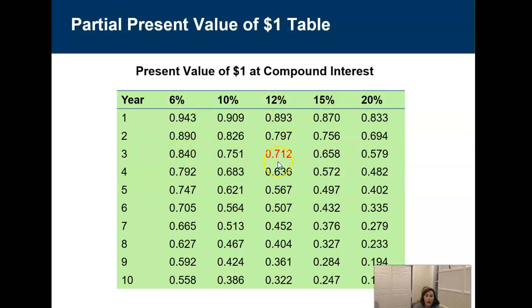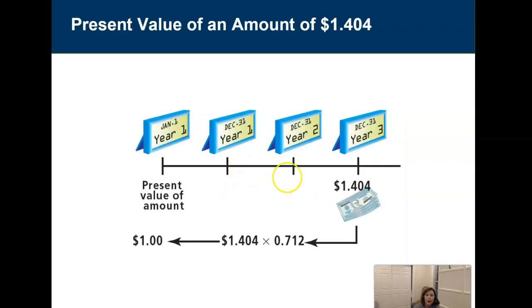So the present value of $1 would be 0.712. Now, if we take the $1.40 and change and multiply that by the 0.712, guess what we get? That gets us back to the dollar that we invested back on year 1, January 1.